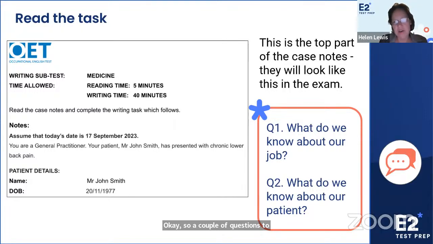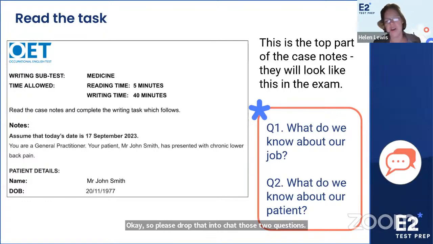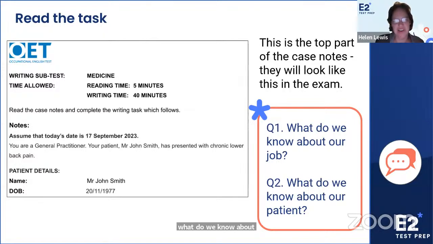Question 1, what do we know about our job? And what do we know about our patient? Please drop those 2 questions into chat. What do we know about our job? What do we know about our patient? I'll give you a minute to share that.